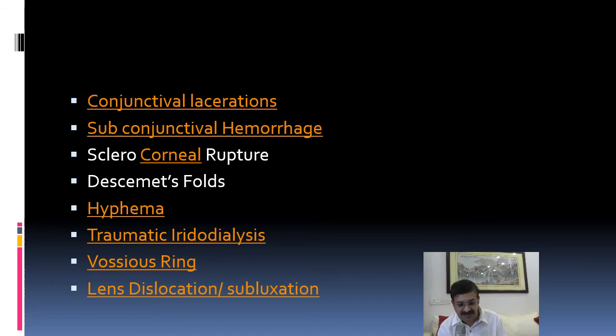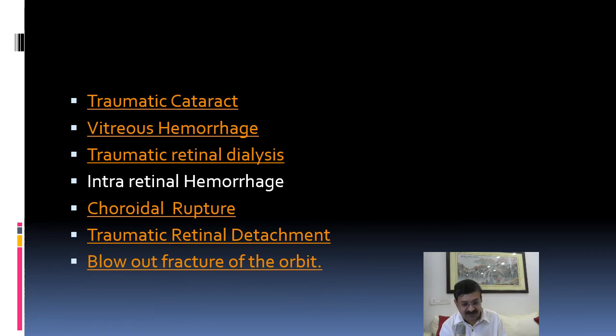So conjunctival laceration, then you could have a subconjunctival hemorrhage, you could have a sclerocorneal rupture, you could have Descemet's folds, you can have hyphema, you can have traumatic iridodialysis, you could have a Vossius ring, and you could have a lens dislocation or subluxation. So these are all in the anterior chamber. Traumatic cataract.